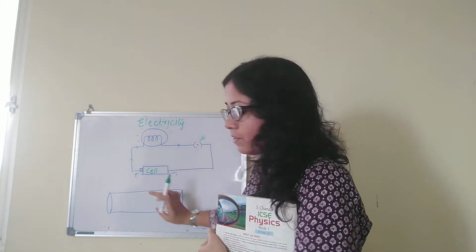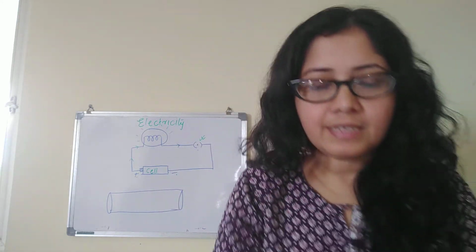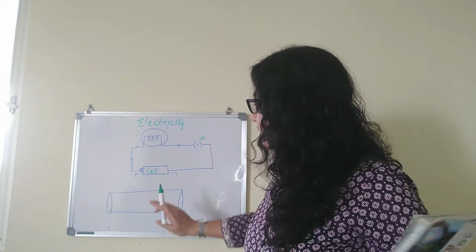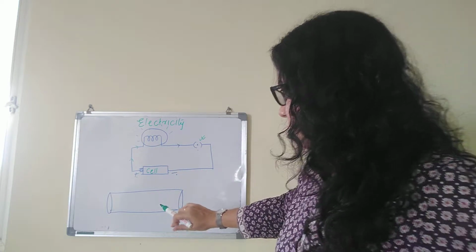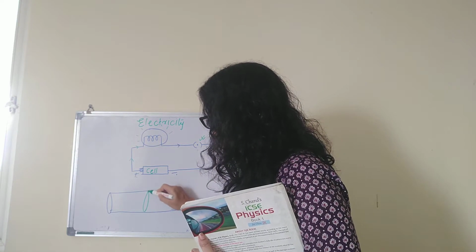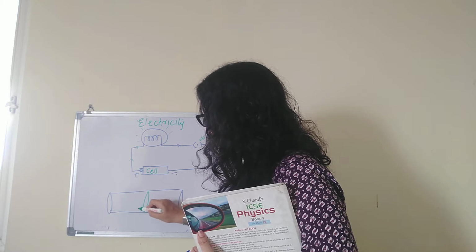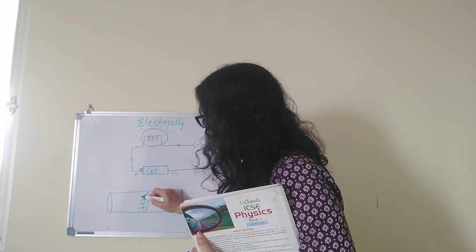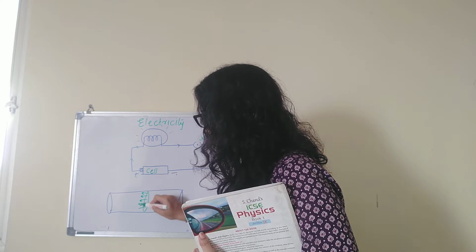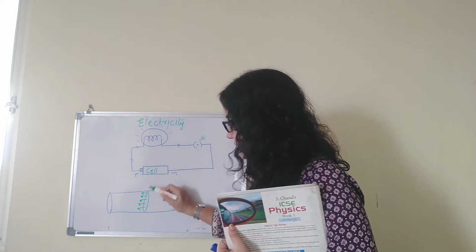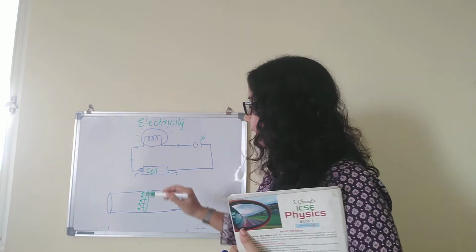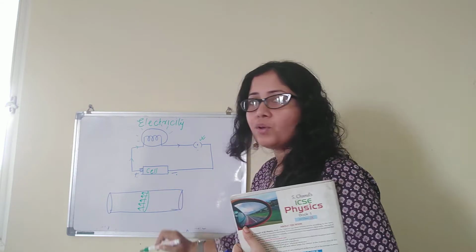Suppose this is a wire, right? Now this wire, if I draw it over here, suppose this is one cross section, and here we see how many charges are flowing per second in one cross section of the wire. In 1 second, how many charges are flowing?